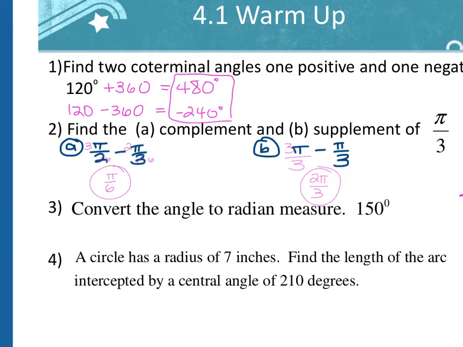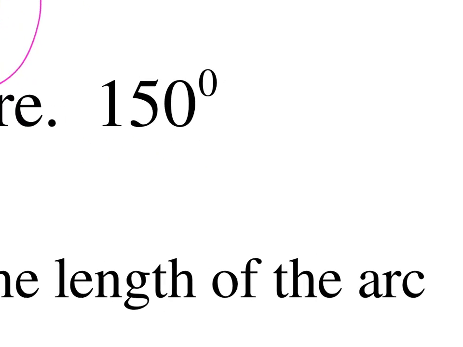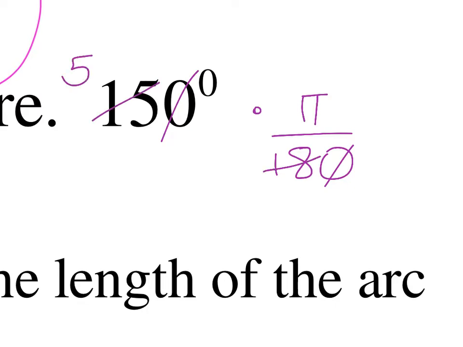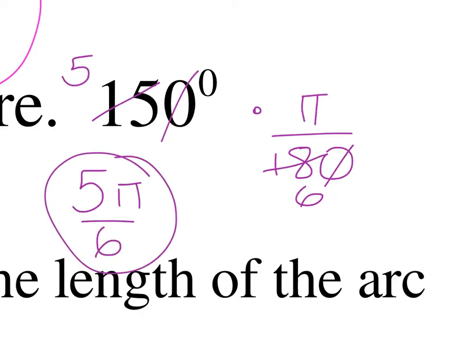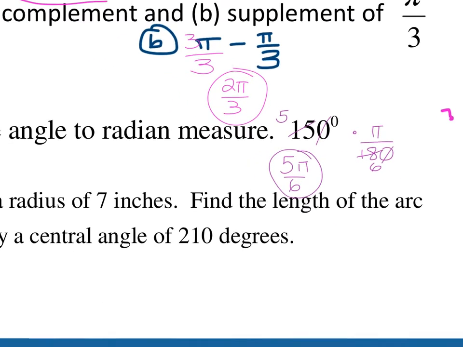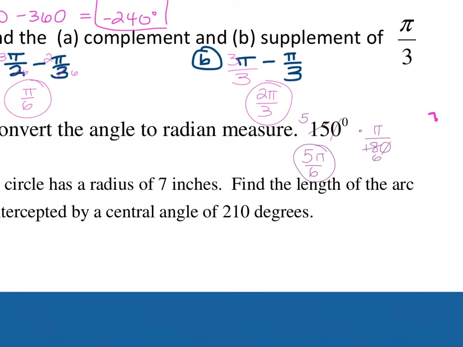But the degree has to have the degree. So when we're converting, we're multiplying the degree by what? Pi over 180. So the zeros are going to cancel, and then 3 goes into both 15 and 18. 15, 5 times, 18, 6 times. So this is 5 pi over 6. You want to keep these answers exact. You don't want to use a calculator. You don't want to use a decimal.